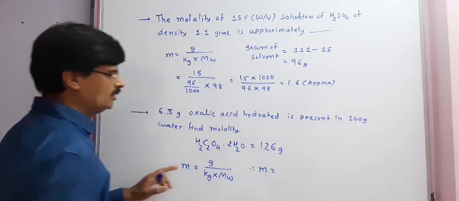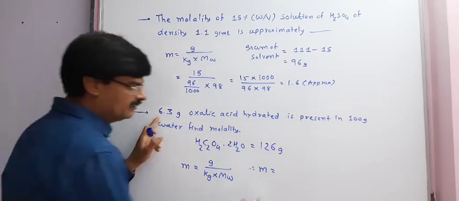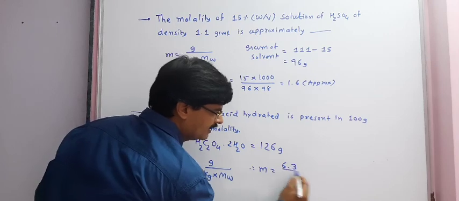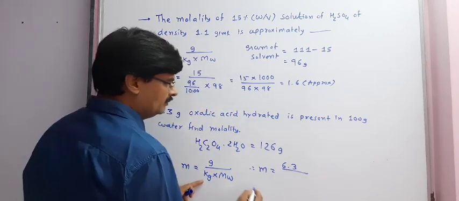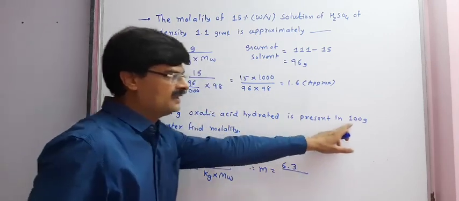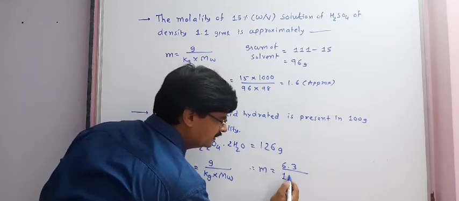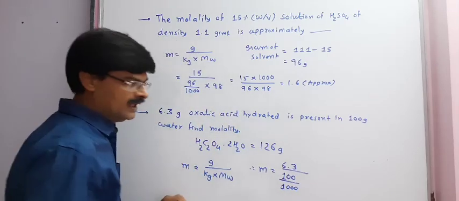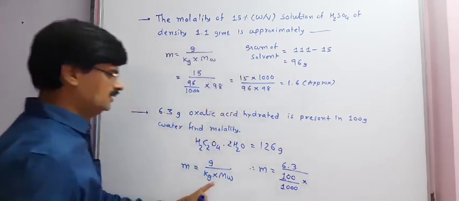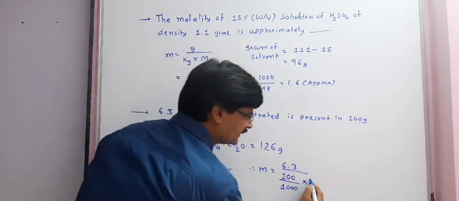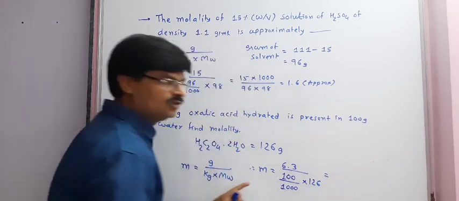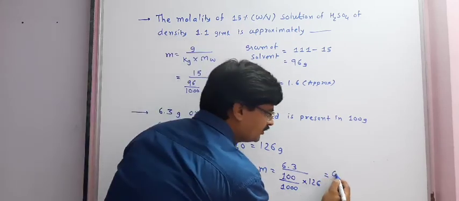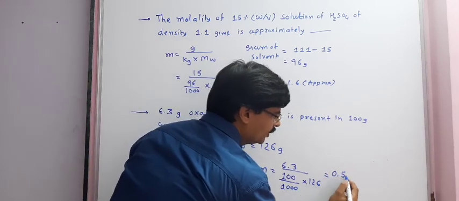Therefore, molality is equal to gram of the oxalic acid given, 6.3, divided by kilogram. Oxalic acid is present in 100 gram, so 100 divided by 1000 converted into kilogram, into molecular mass 126. On solving this, molality comes out to be 0.5 molal.